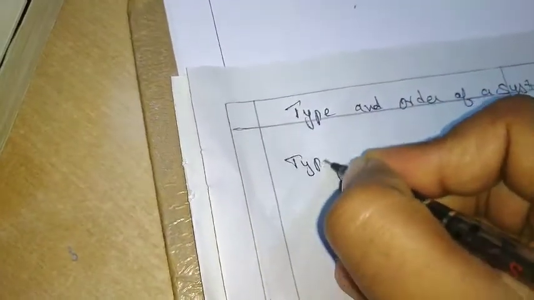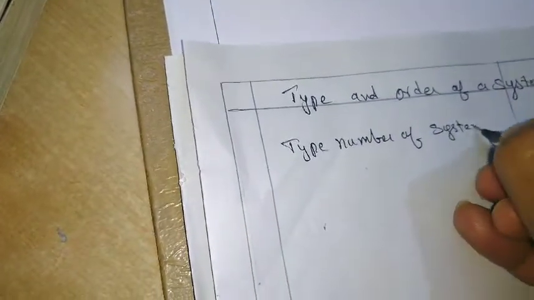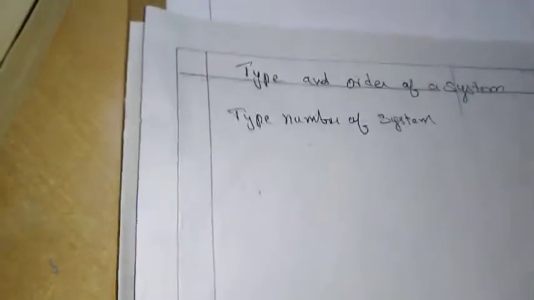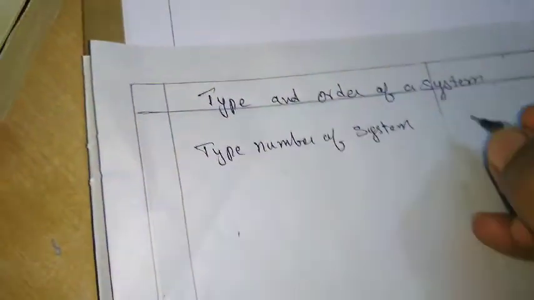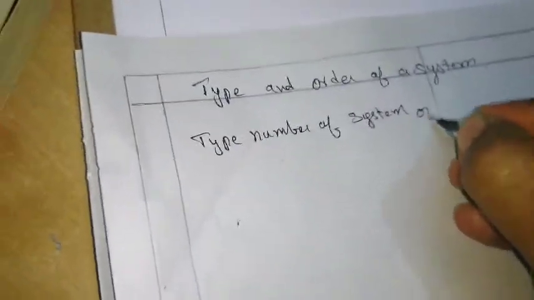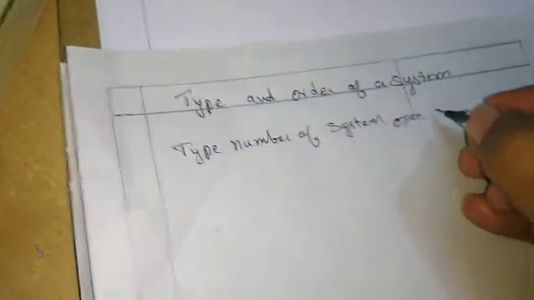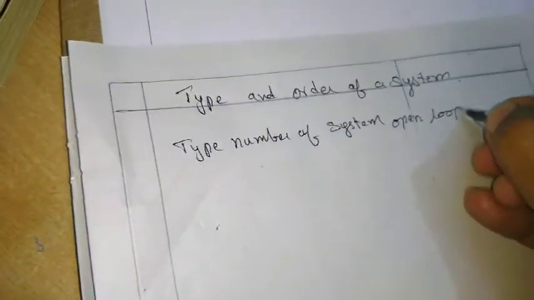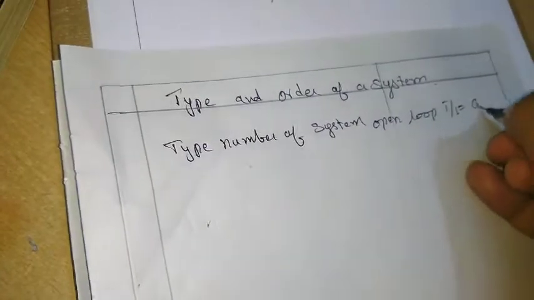What is type and order? Type is nothing but type number. It is also called the type number of a system. This is defined only for the open loop transfer function, that is G of s.